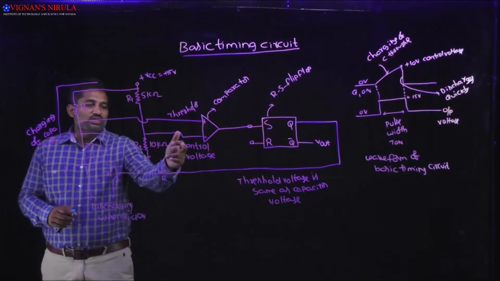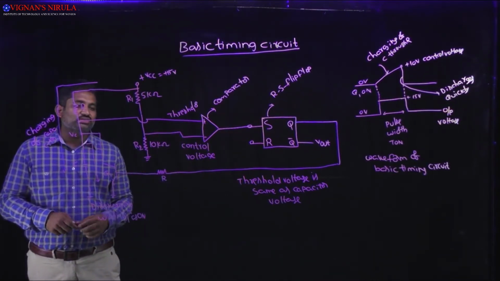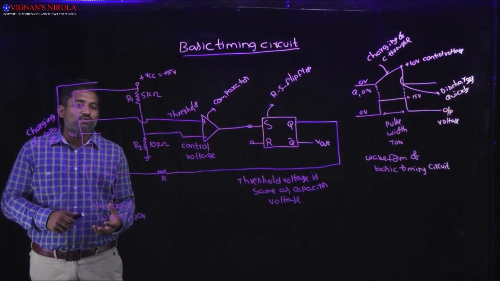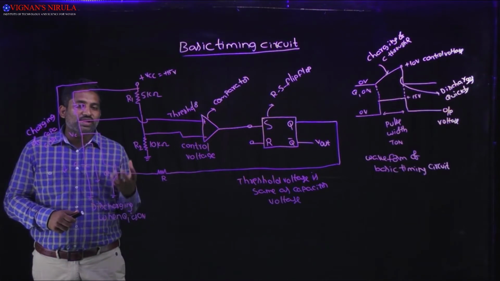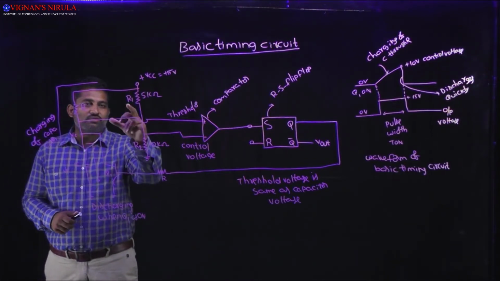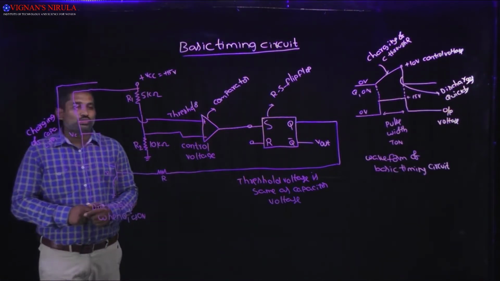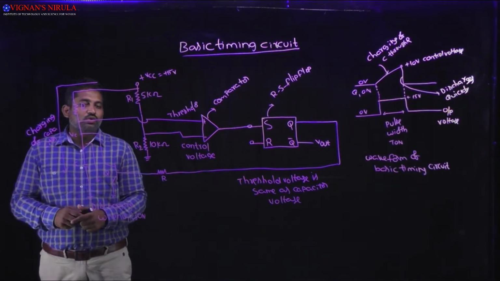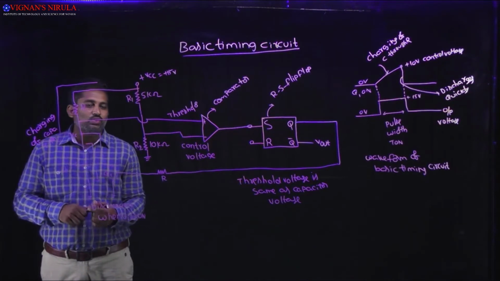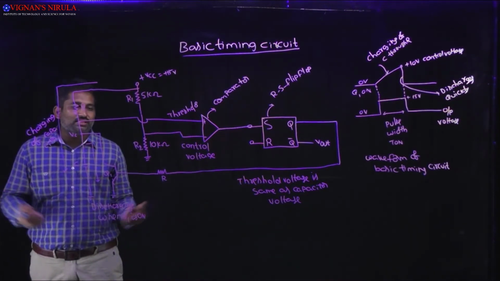Now this control voltage is generated with the help of a potential divider. The potential divider is made with R1 and R2. So with the help of this potential divider, we can easily calculate the control voltage. How can we calculate?